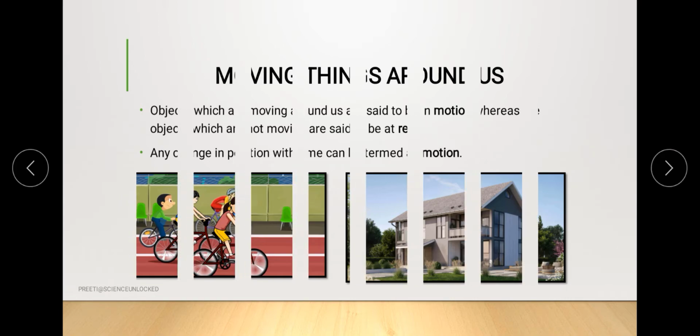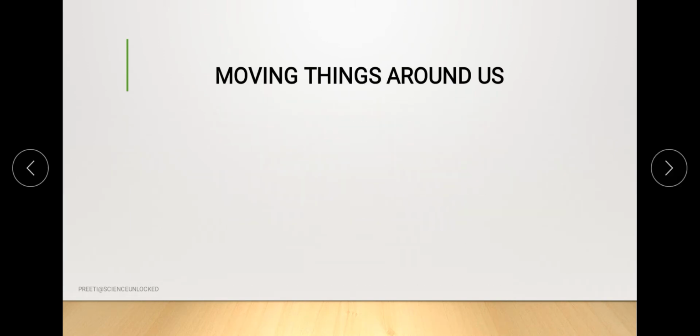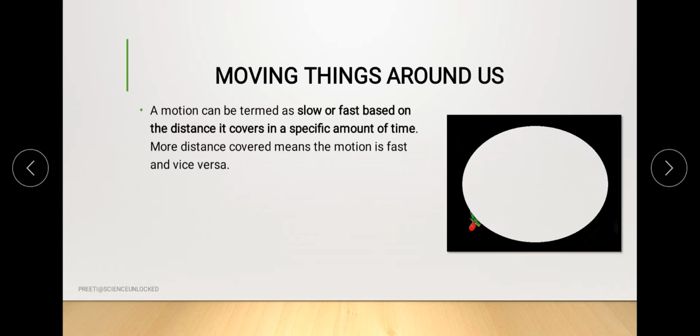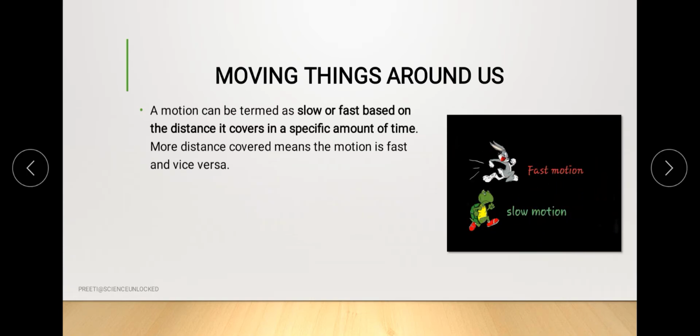Now, when we talk about motion, it has certain aspects. One is the relative aspect of slow or fast motion. Whenever we say that something is moving fast or slow, it is because we have a comparative analysis or a relative observation.